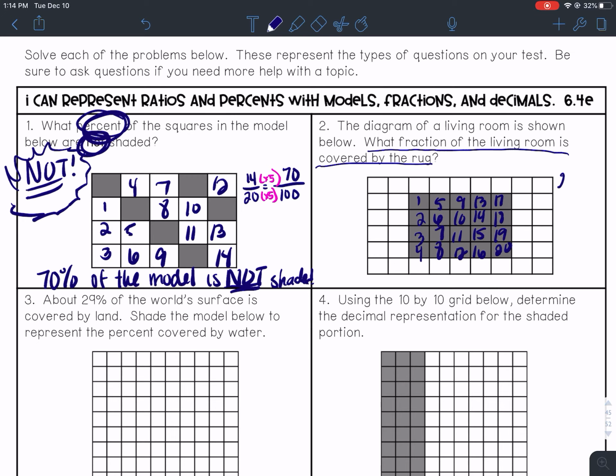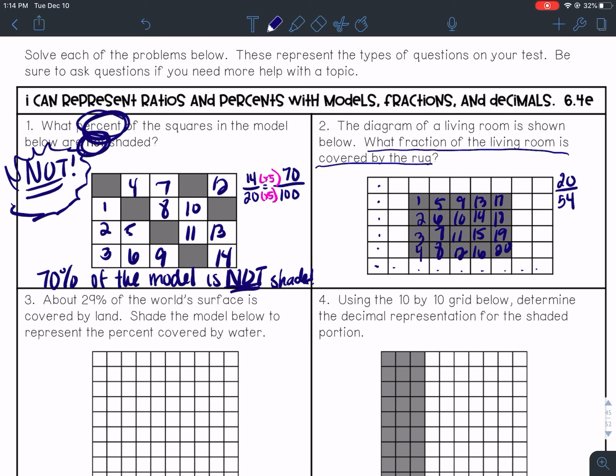So 20 of them are shaded out of, well, what's my total? There's 6 in each row, and there's 9 rows. So 6 times 9 is my 54.